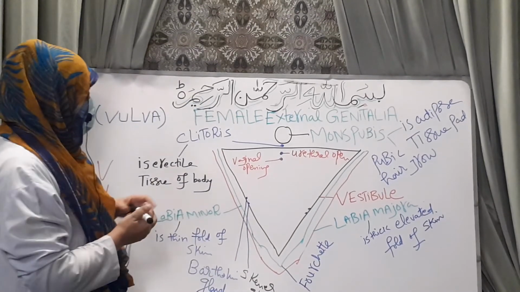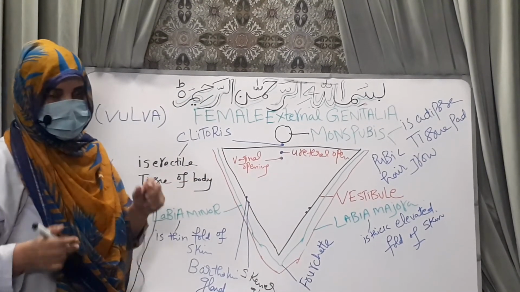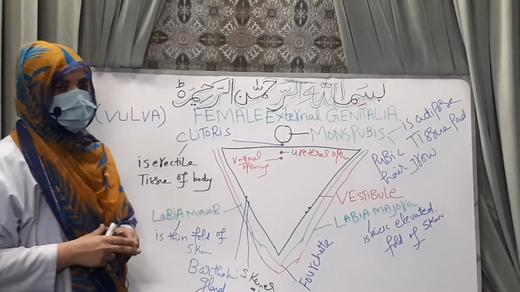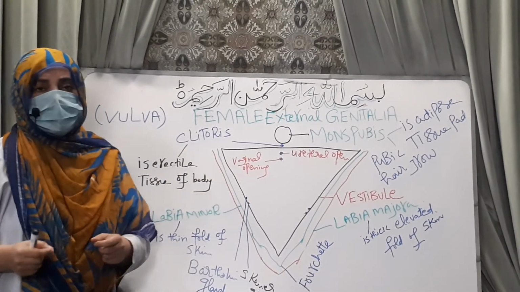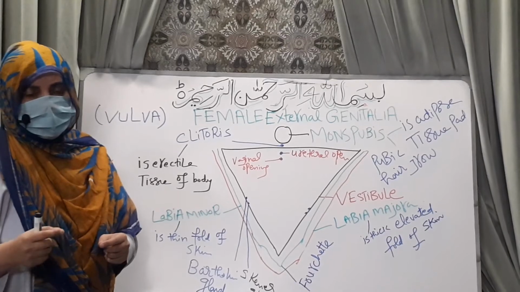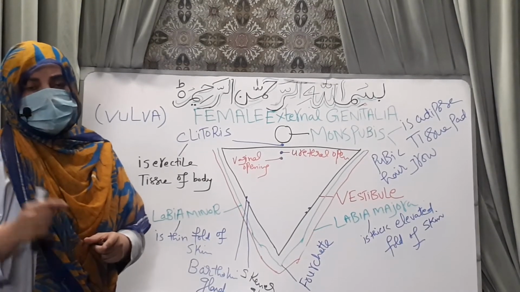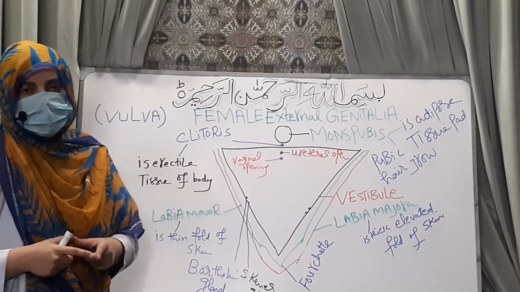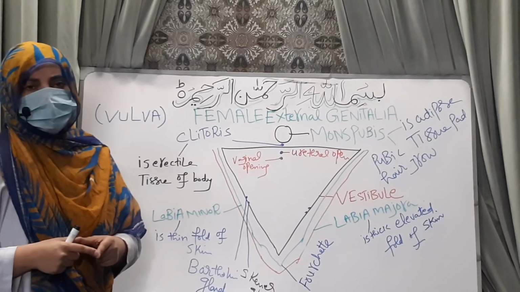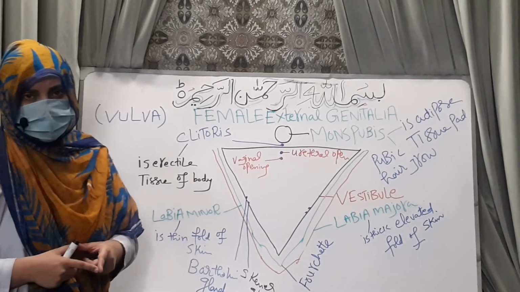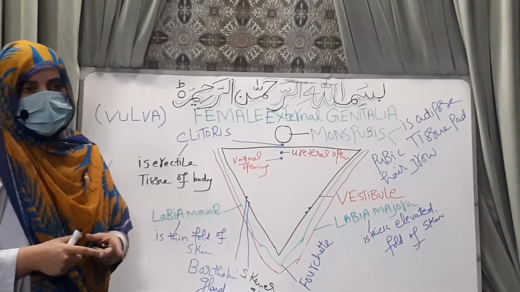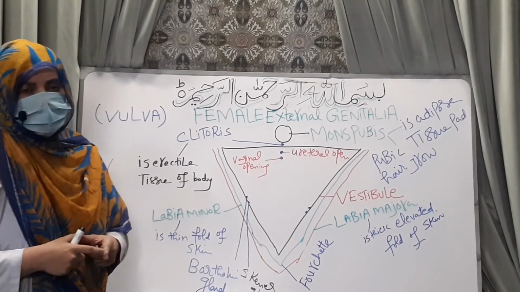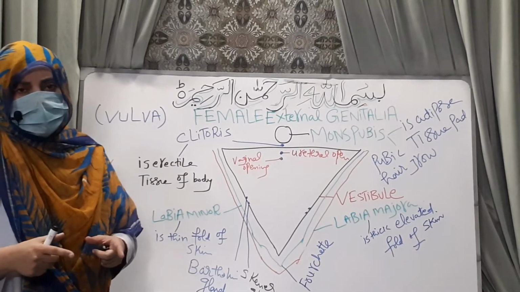Here two ducts open, one for the Bartholin gland and the other for Skene's gland. Both these glands carry alkaline secretion which helps in the activation of the sperm and early fertilization. Both secretions also keep the vagina lubricated.